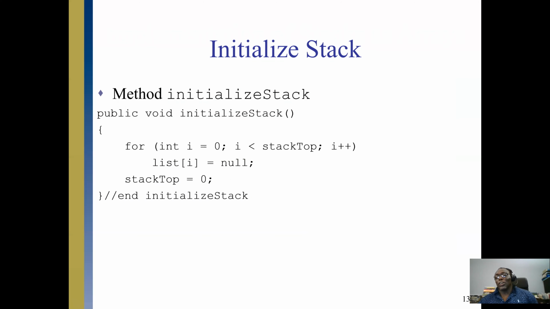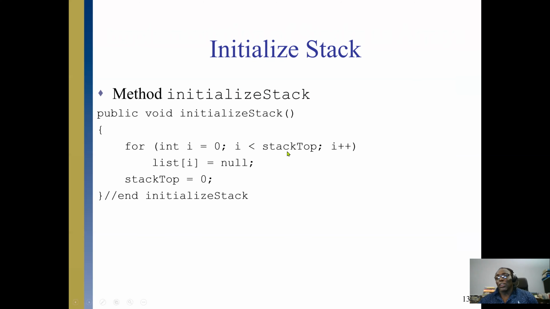We use it a couple of times. There is data inside, we want to delete it, or want to make sure the stack is empty. So we can call initialize stack to initialize it. You can see that we use a for loop. We start the index from 0 to less than the stack top, because if the stack is 100, the index will be 0 to 99, and the stack top will be 100.